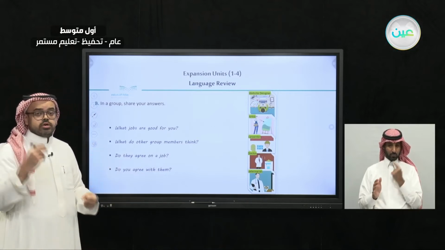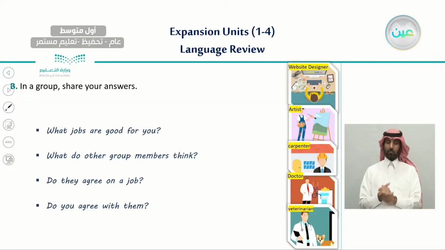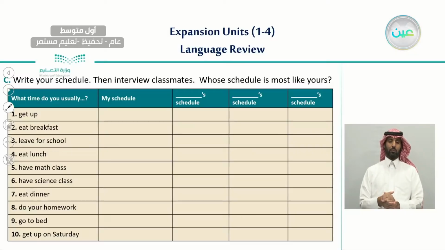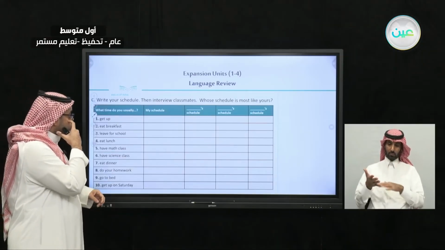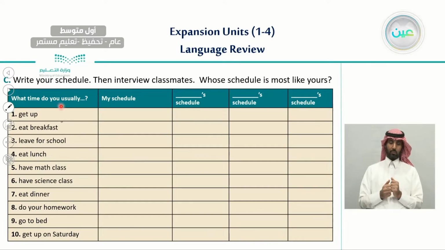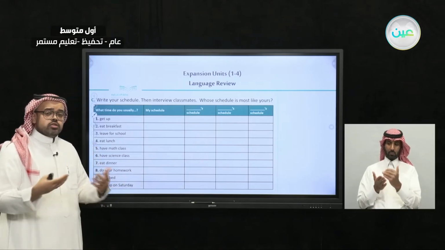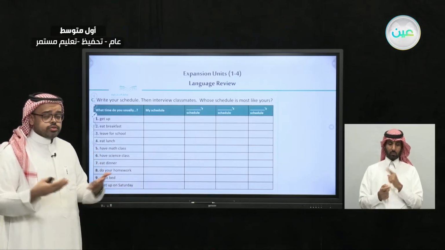It will give you a better idea about the perfect job for you and the job that is suitable for you. Next, write down the schedule, then interview your classmate whose schedule is most like yours. Here we have an interesting schedule where we can talk about the time of doing all of these activities. Here we have certain activities that we usually do during a day or during a week.